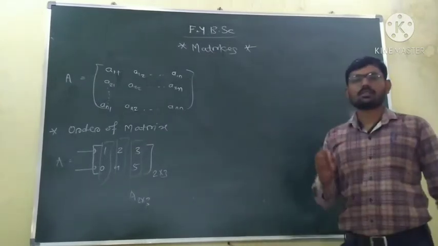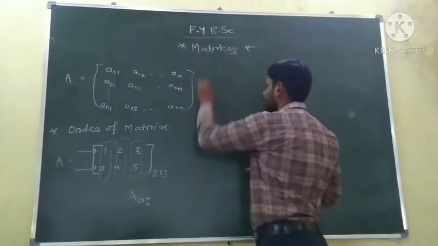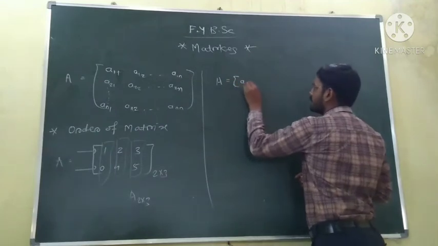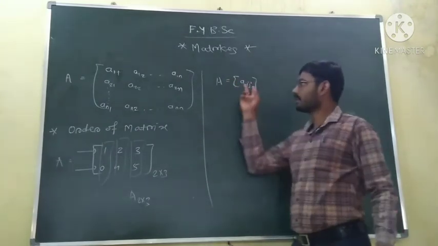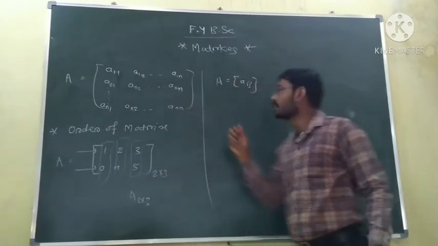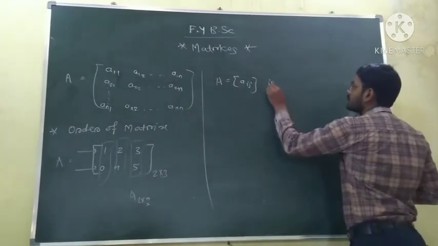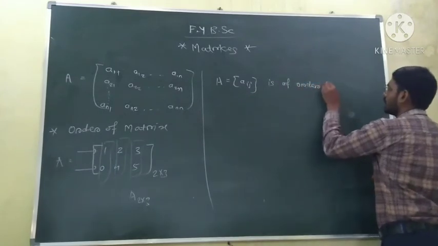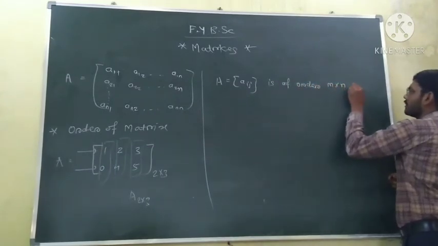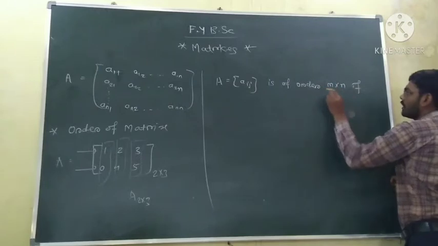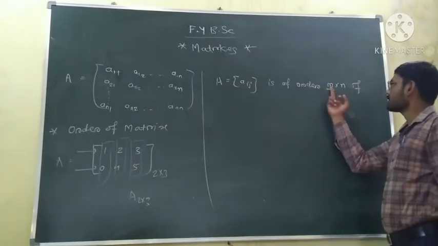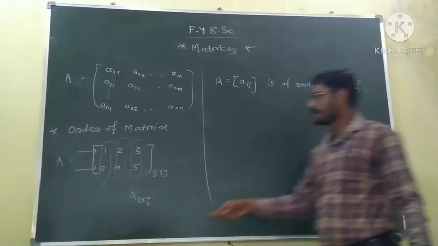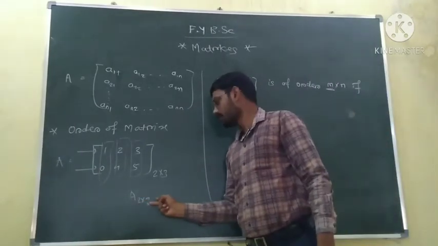So let A be the matrix Aij, where Aij are the elements of the matrix. It is of order m by n, where the first element m denotes rows and the second element denotes columns. 2 by 3 means there are two rows, three columns.